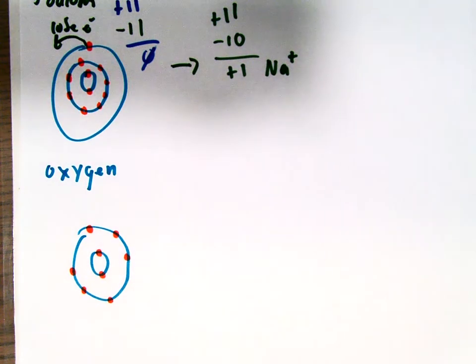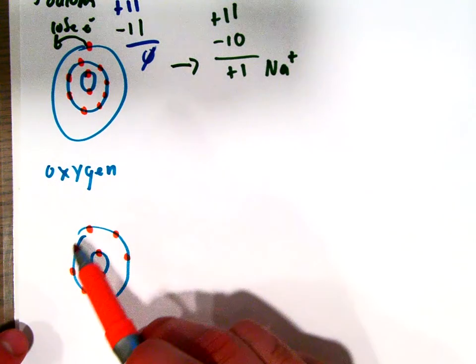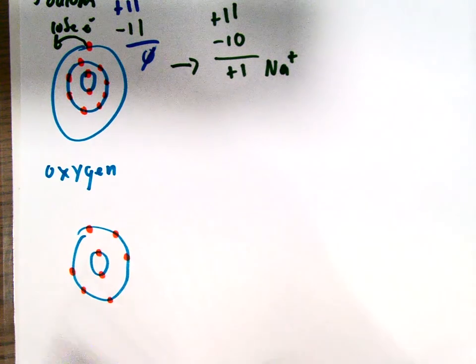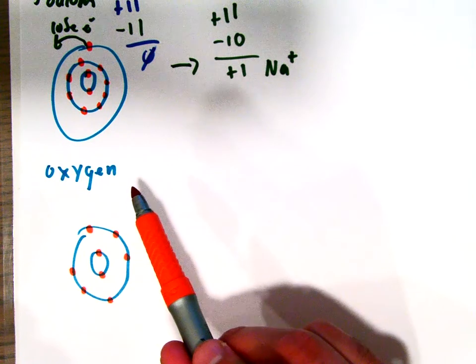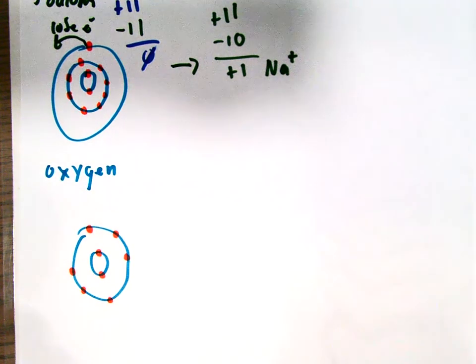All right, so for oxygen to become full, there's 2 possible ways. It can lose all of these outside electrons, or it can just gain 2. Okay, in terms of energy, it's easier to gain 2 than it would be to lose 6 electrons. Also, oxygen has a high ionization energy, which means it's very difficult to take off those outside electrons.